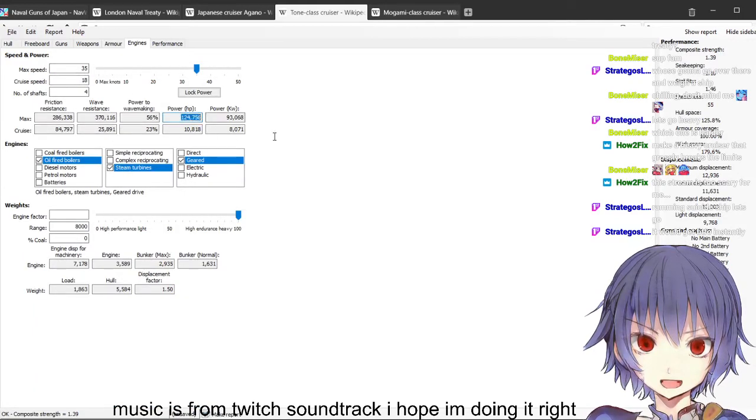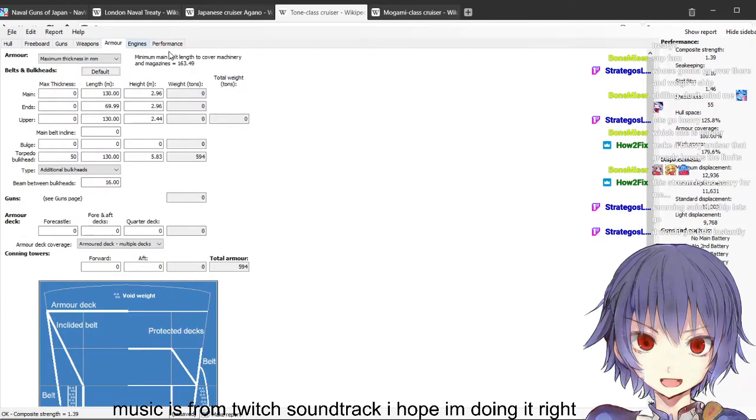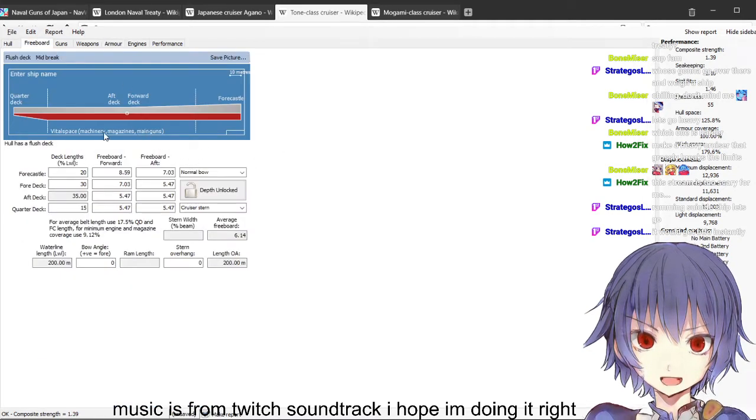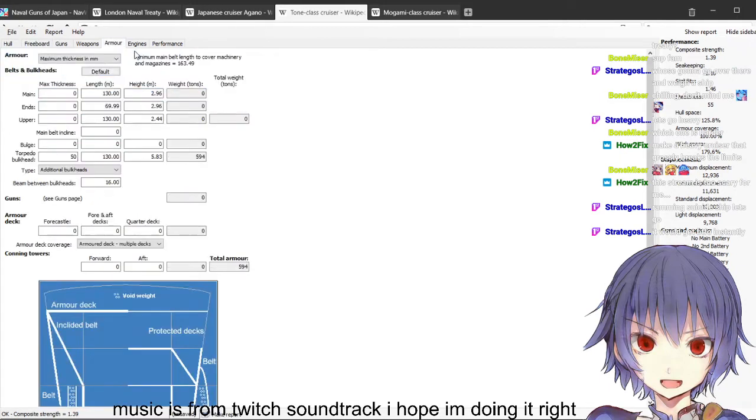We have 124,000 horsepower stuck in this baby, which is quite a lot of fuel too. But here's the problem. So the ship has, with a normal setup, 135 or 130 meters of expected space for all the stuff that goes under the deck.